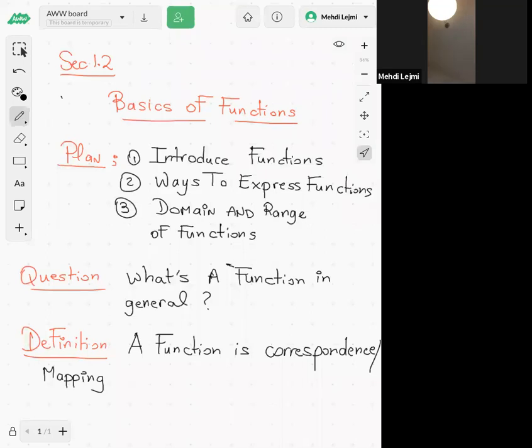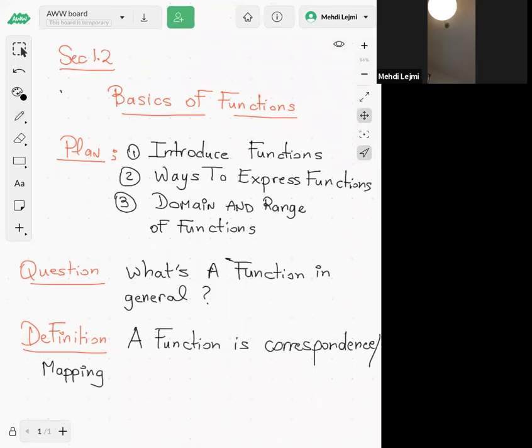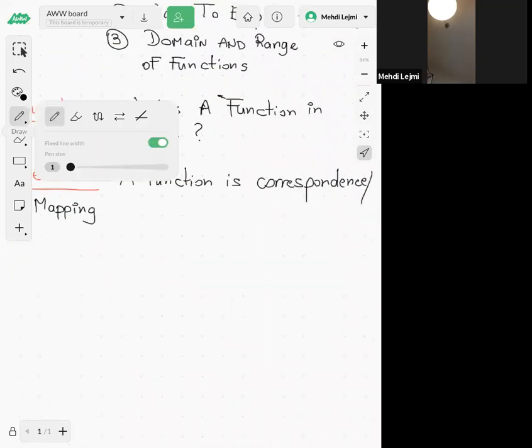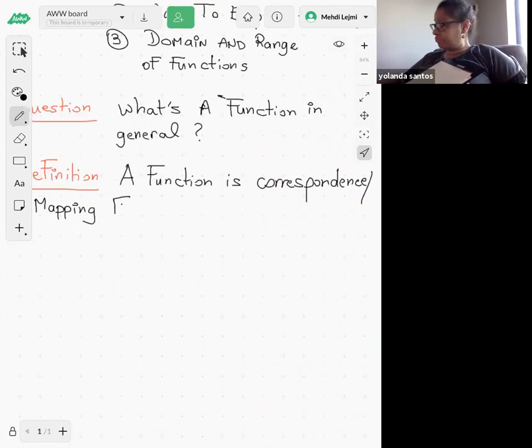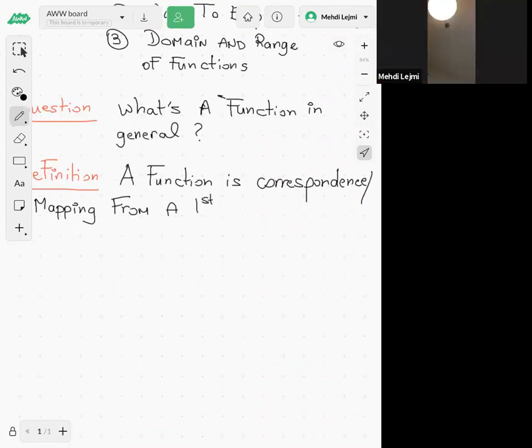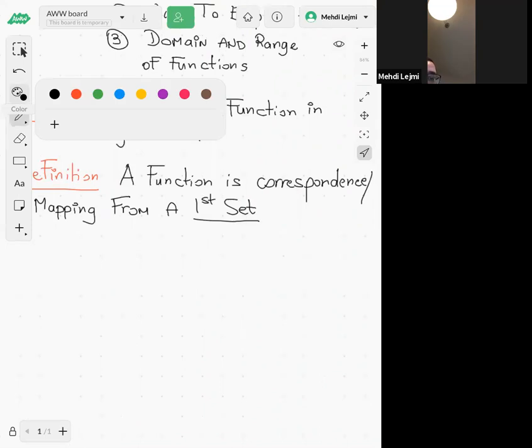Okay, so from a first set, the first set is actually called the set of inputs.